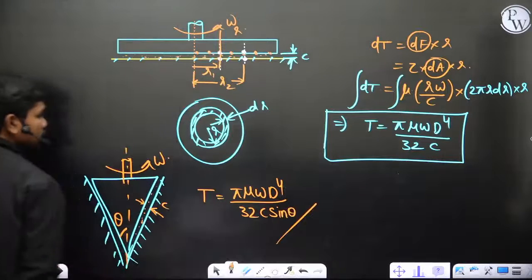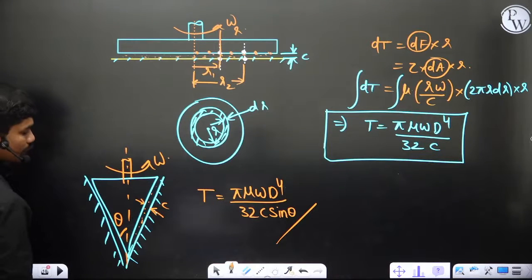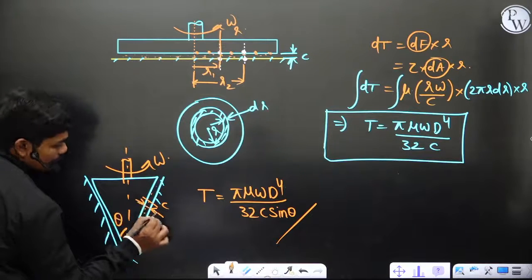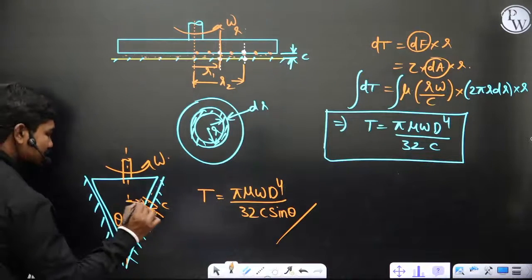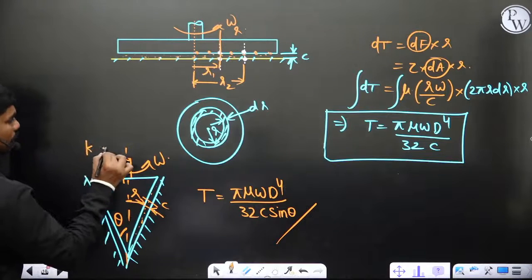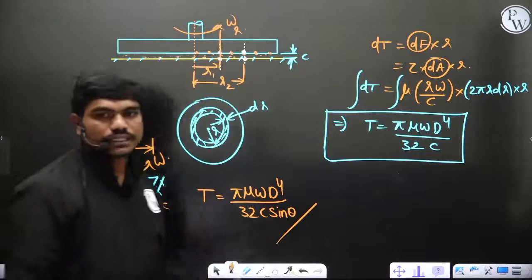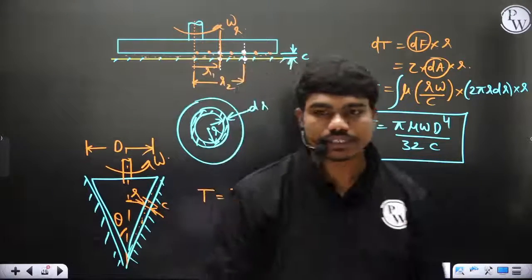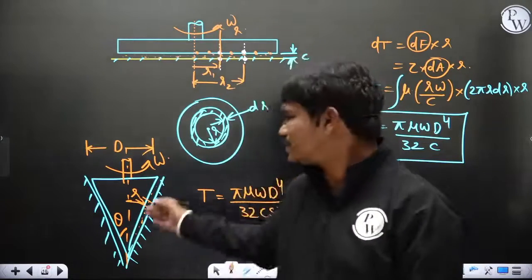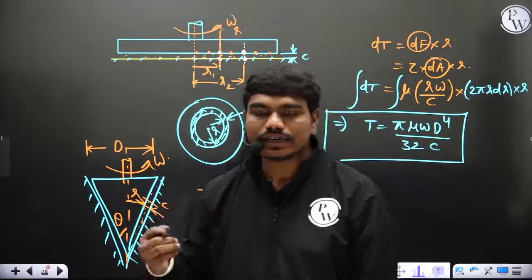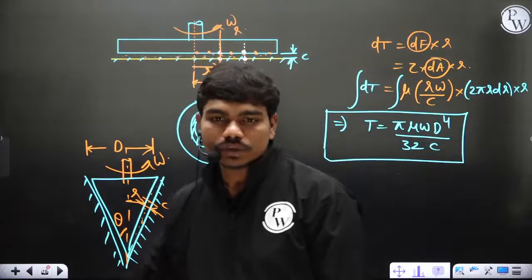You take a small element at any location, the clearance is c, and the radius is r. If you integrate over 0 to capital R, using d, this is what you get: T is equal to pi mu omega d power 4 by 32 c sine theta. Clear? All these are very simple derivations, nothing big to worry about, but because of a little time constraint, I'm not doing them today.